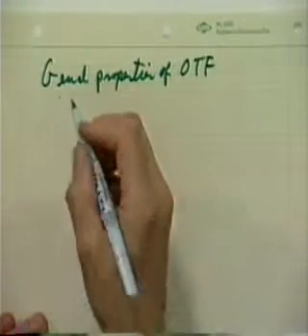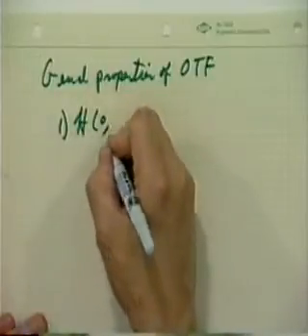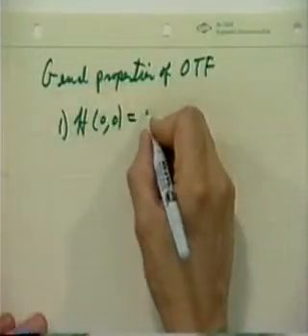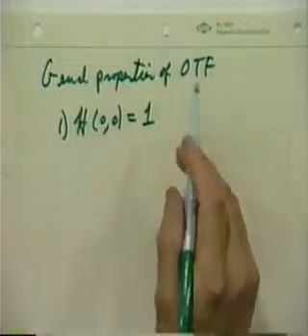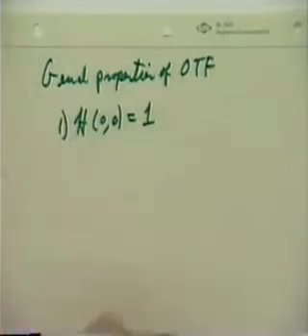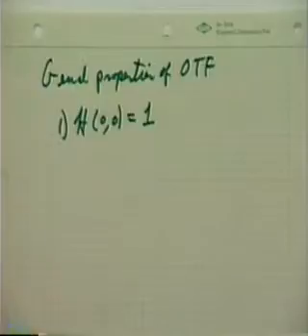And there are 3 of them that we're going to mention here. First off, it's normalized such that at 0 spatial frequencies, the OTF is always equal to 1, regardless what aberrations you have, regardless what pupil you have.